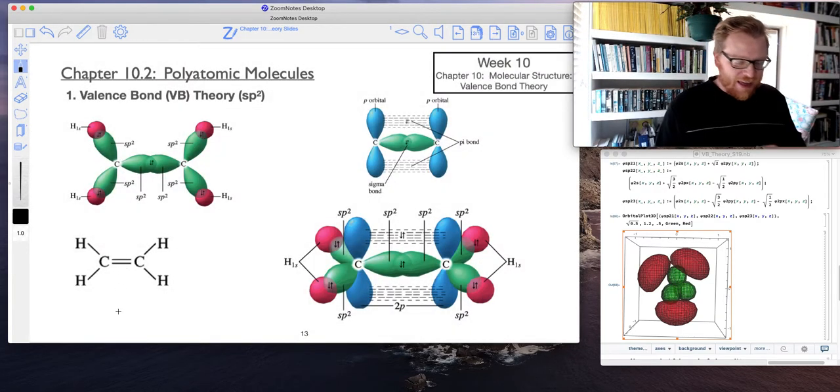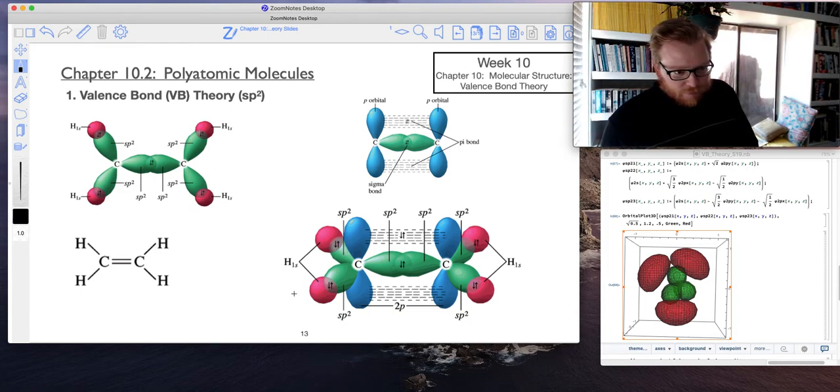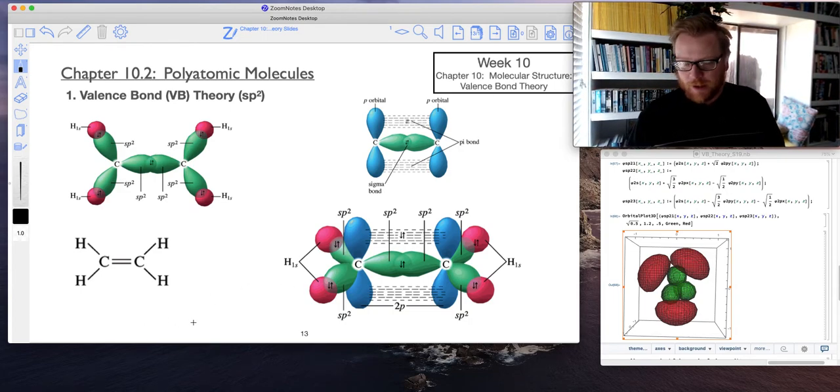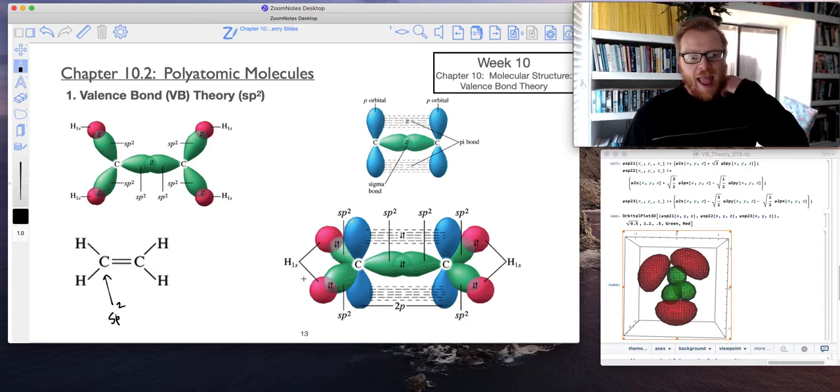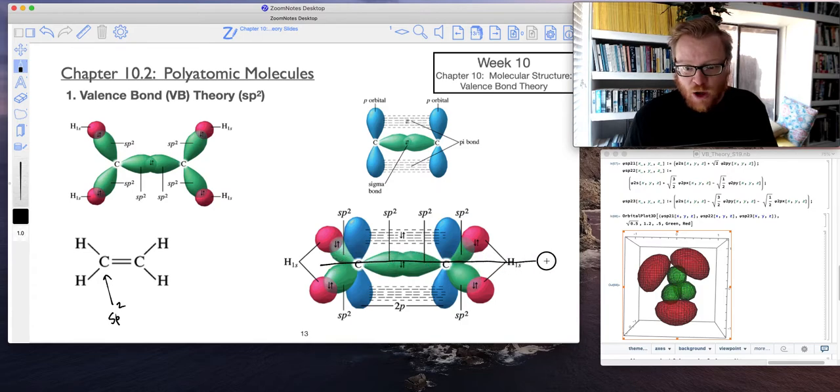And so we can see that here with ethene, okay? So we recognize that each carbon is sp2. And here we can see the green sp2 orbitals, right? They are forming overlap through that internuclear zone. So that's my z-axis. So that makes a sigma bond, as shown right here.